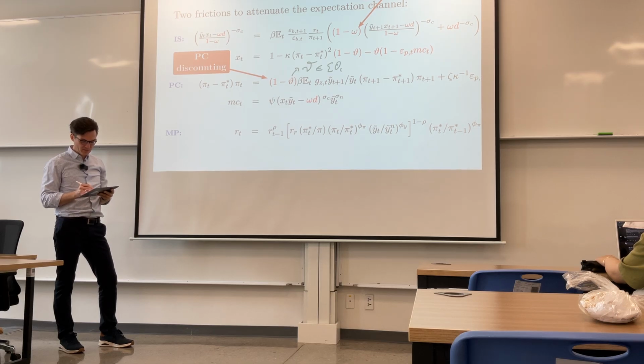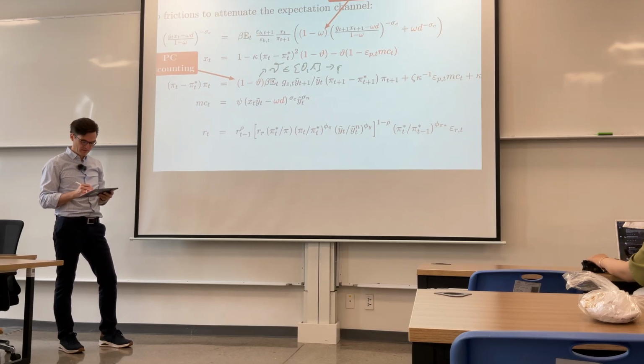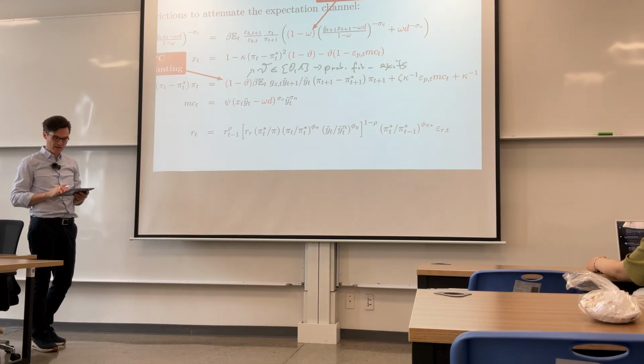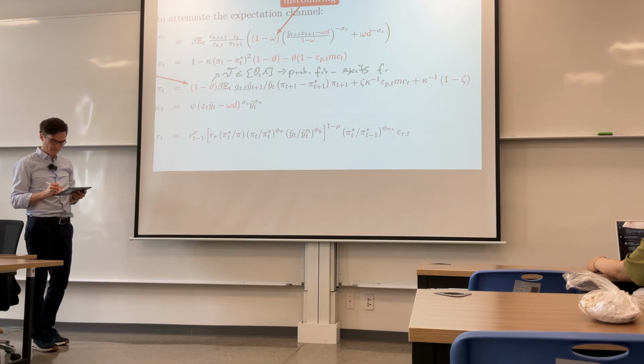Okay? It's between 0 and 1, and that's the probability that a firm is exiting. So that's the probability that the firm exits. So exits from the market, from the economy. Okay? Exits from the economy.